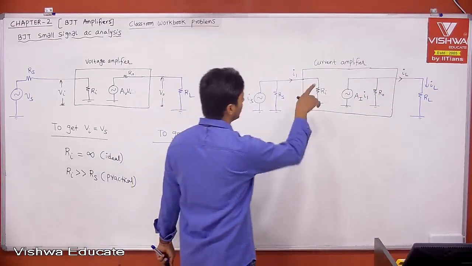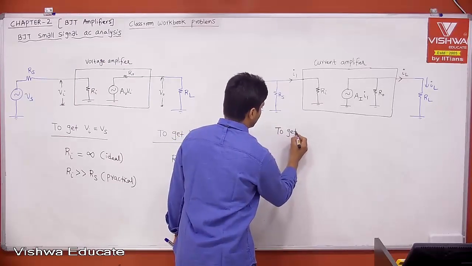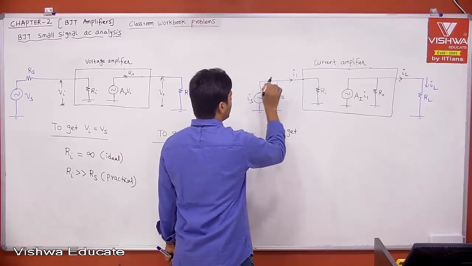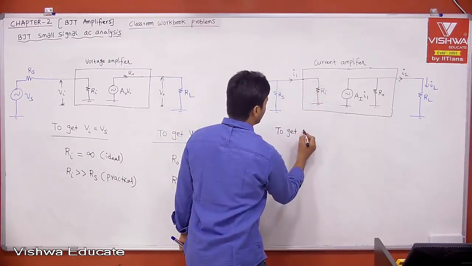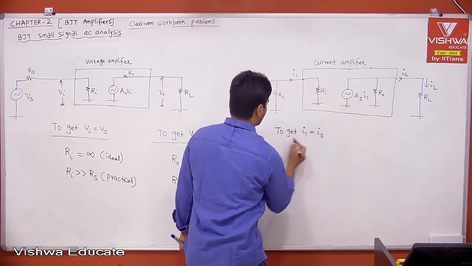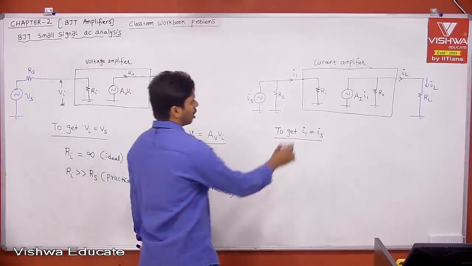That we don't want, right? Therefore, let's see with respect to the current section. To get I1 equal to IS, even though there is RS, I don't want to see any current flowing through RS. I want the current to be entering your amplifier. Therefore, to get I1 equal to IS, tell me, what should be Ri?